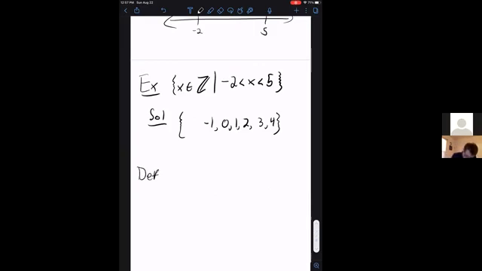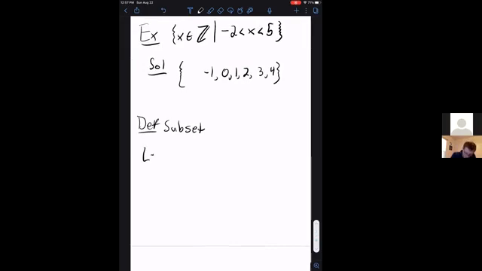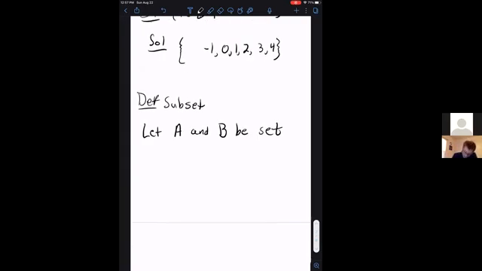So a subset, like I've said before, is just a little tiny set that lives within your big set, right? So let A and B be sets. We're going to have two sets here, A and B, that we're working with.